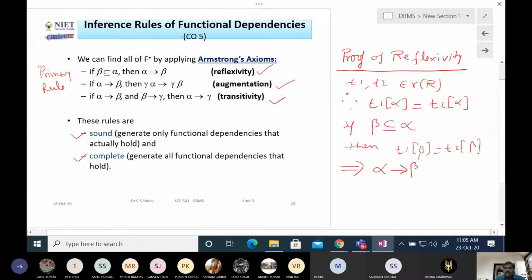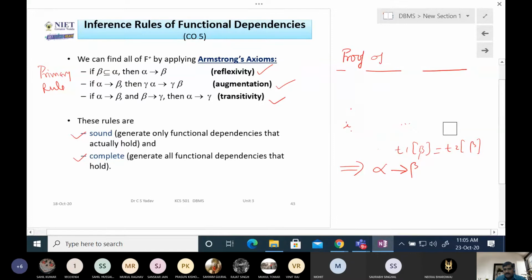Again, proof of augmentation rule. This proof is by contradiction, and for that we will assume that this rule is not true. Then proof of augmentation rule.